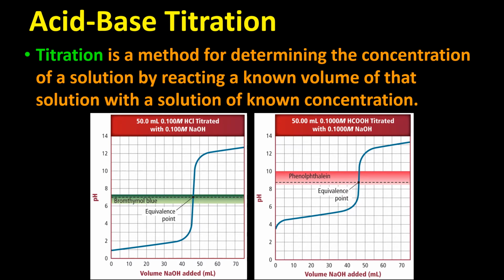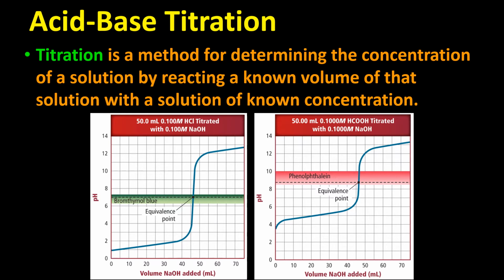You can see that initially this is a very acidic solution, and as we add the NaOH to the hydrochloric acid, we're neutralizing some of that acid, and we get to a point where it's completely neutral, okay? And that's marked on the graph with this line coming off the center called the equivalence point.